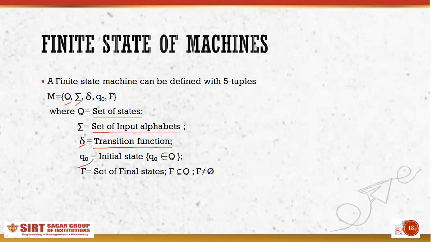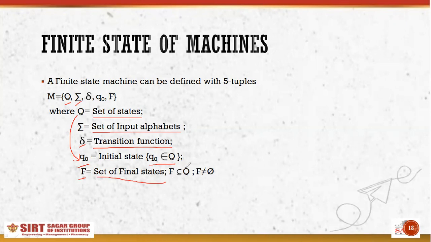The next tuple is Q naught or Q0. It is the initial state, and it is one of the states taken from Q. That is why I have written Q naught belongs to capital Q. And F is lastly the set of final states. Any machine can have more than one final state, and the final states are used to check the validity of a string.